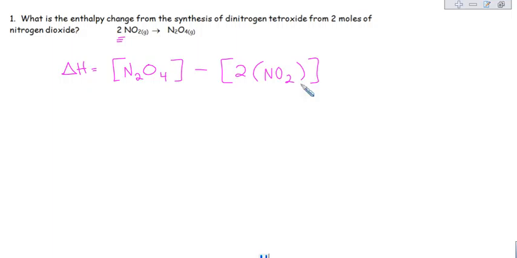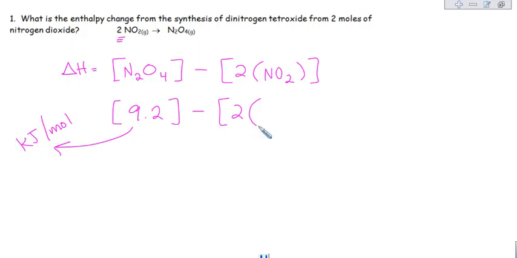Now the numbers that I'm going to use just come off that chart, so I'm going to look them up. N2O4, its enthalpy of formation value is 9.2. And technically these are all in units of kilojoules per mole, minus 2 times NO2. I'm going to look it up: 33.2.